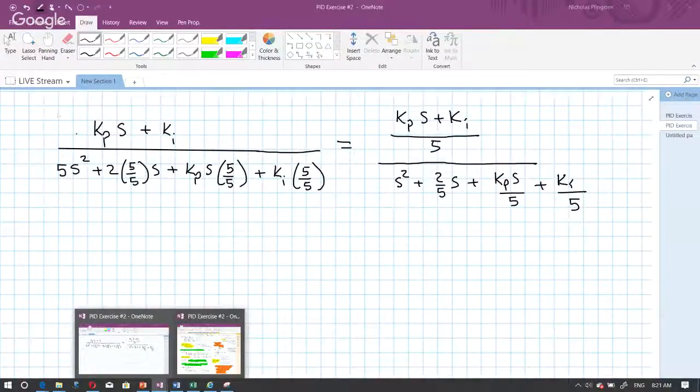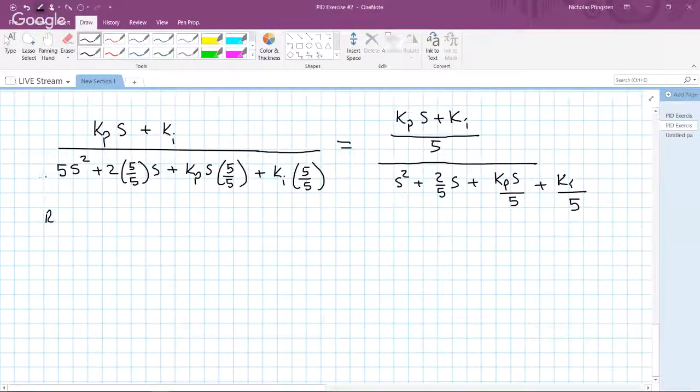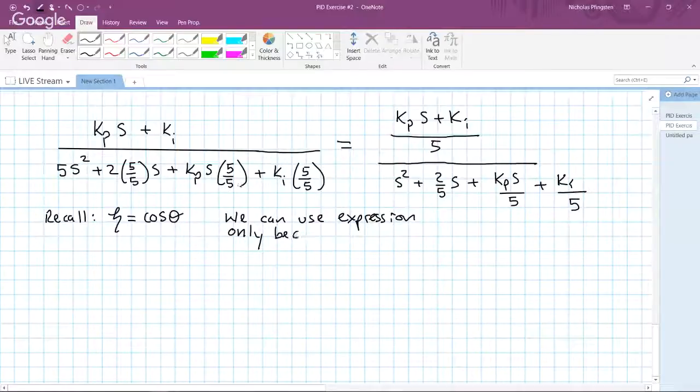But if we can recall and remember that zeta is also equal to cosine theta. And we can use this expression only because our system is stable.